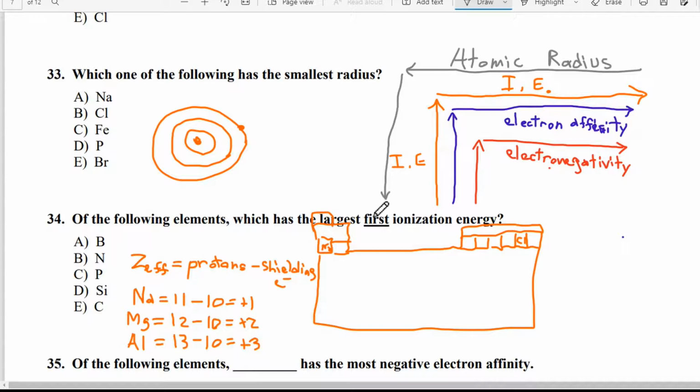Okay. All right. So in that case, what is the answer for 34? B, nitrogen. That's correct. It's the furthest up and the furthest to the right.